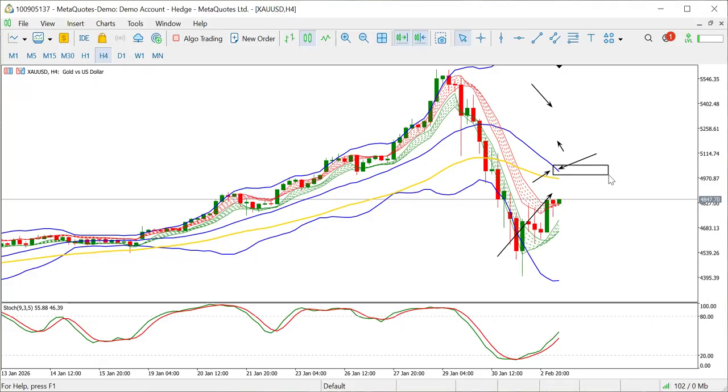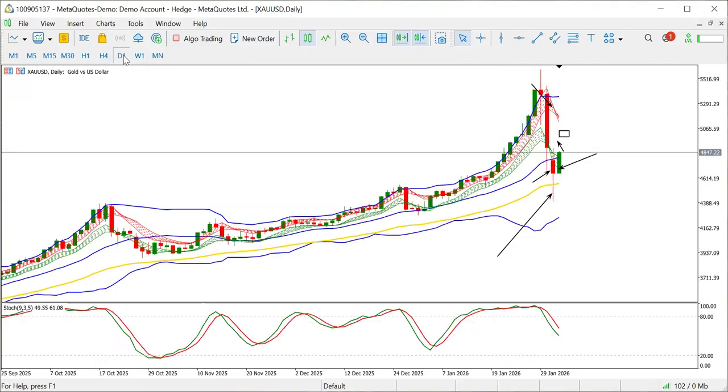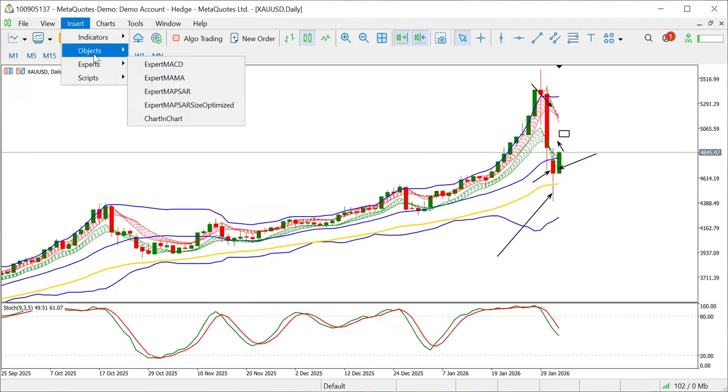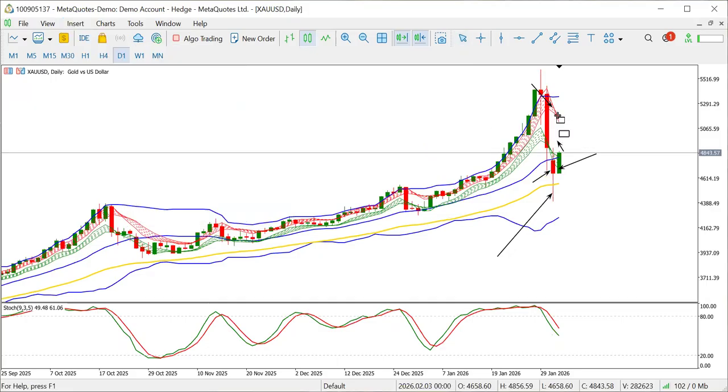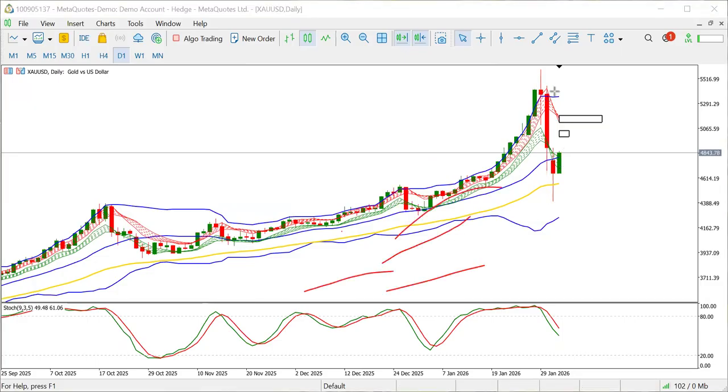First zone for selling, and then second zone for selling. These are the zones for selling because you can see top BB is flat now.